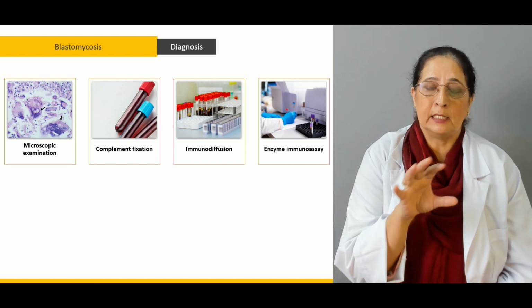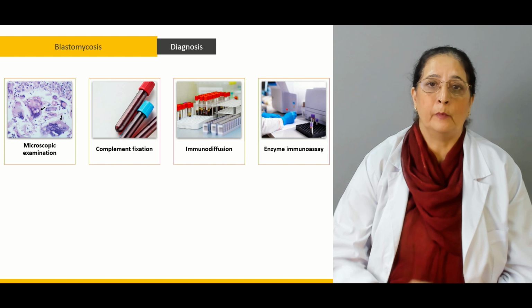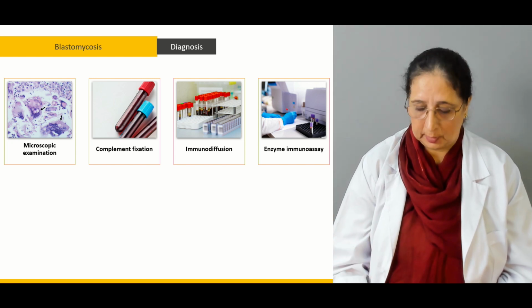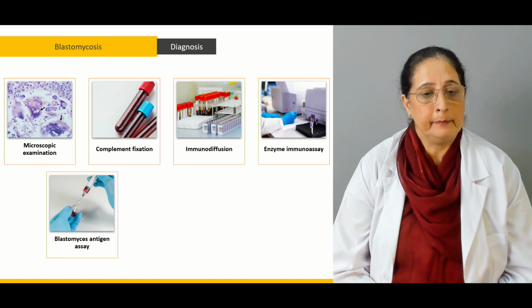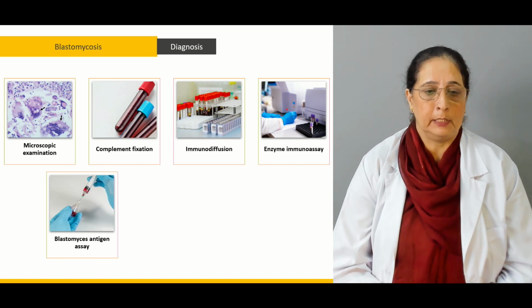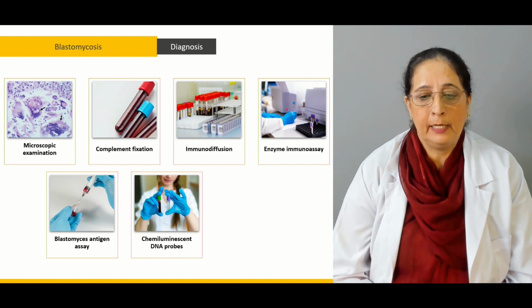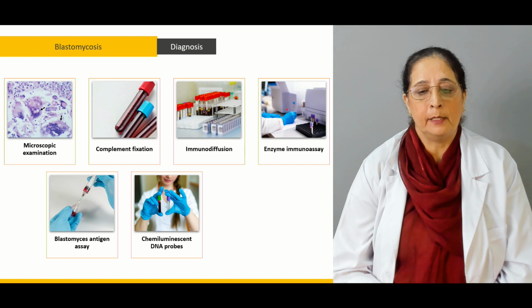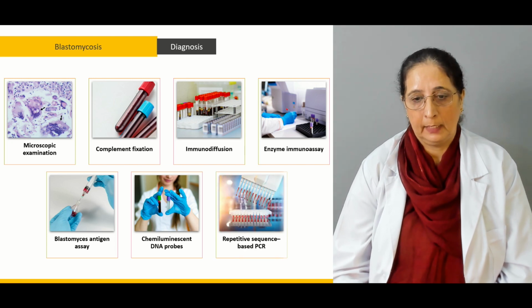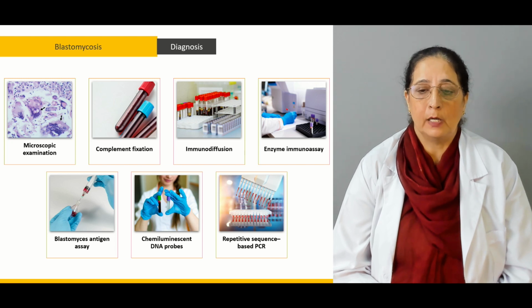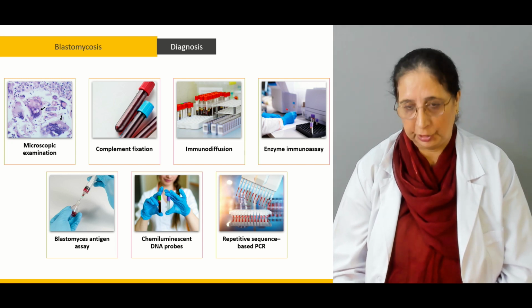All these are the tests we do for coccidioidomycosis too. So blastomycosis has the same diagnostic tests. And then antigen assay for the blastomyces. Chemiluminescent DNA probes, repetitive sequence-based polymerase chain reaction.